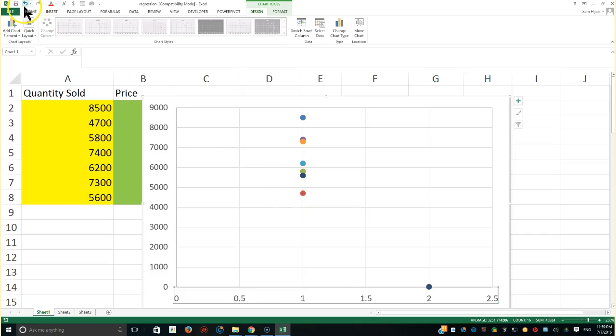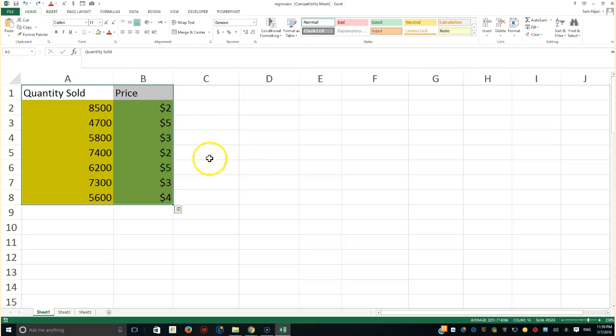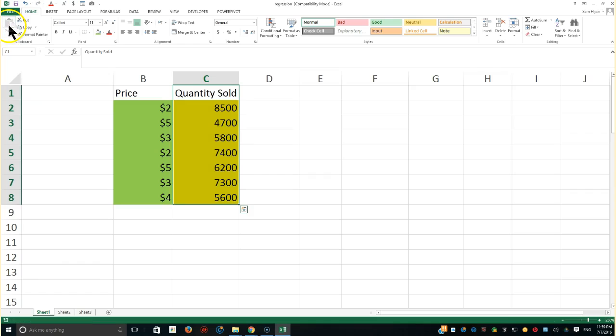So what I'm going to do, I'm going to go ahead and remove this, and I will be able to copy this one here, or cut it, it's a better choice, and go ahead and paste it here. Now we have the y variable to the right of the x variable. So this is x, and this is going to be y.